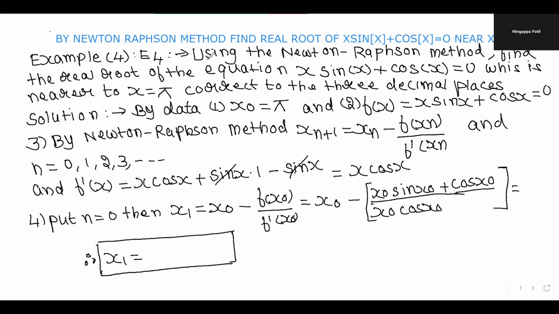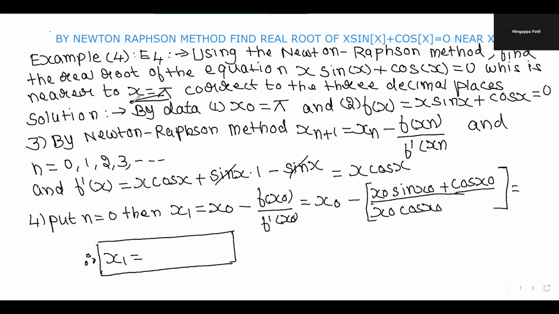Please go through them. Using the Newton-Raphson method, find the real root of the equation x sin x plus cos x equal to 0, which is nearer to x equal to pi, correct to 3 decimal places. My dear students, solution. By the data, the examiner has given you x equal to pi.